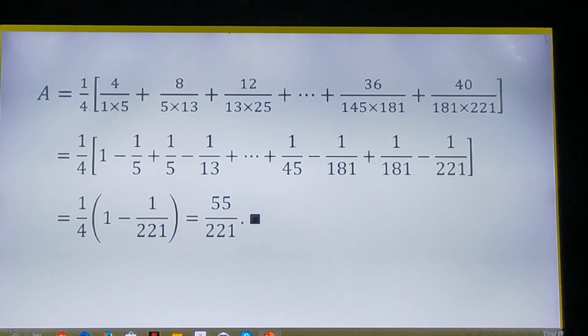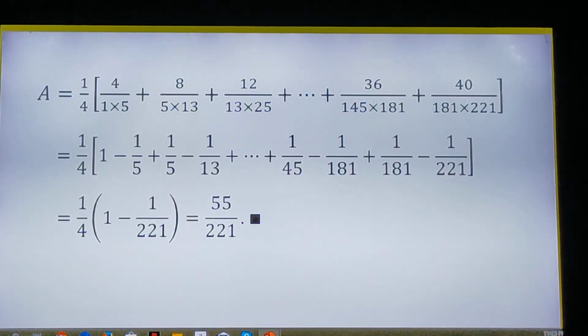And then break each of them up. 4 over 1 times 5 is the same as 1 minus 1/5. And 8 over 5 times 13 is the same as 1/5 minus 1 over 13, and so on. 40 over 181 times 221 is the same as 1 over 181 minus 1 over 221.